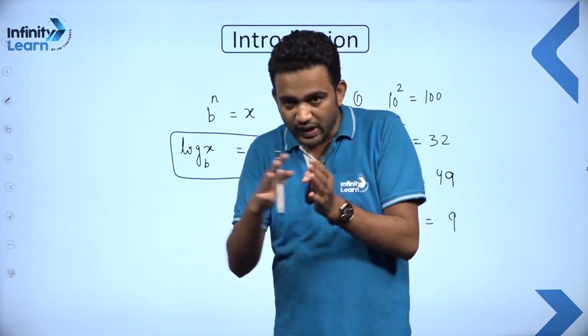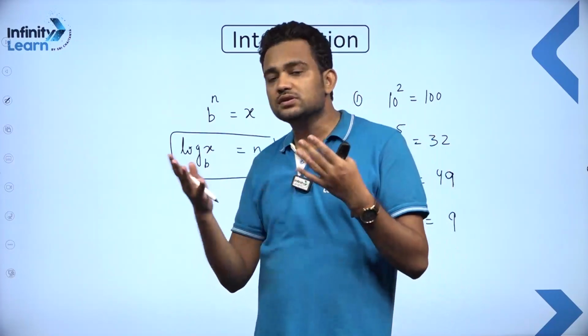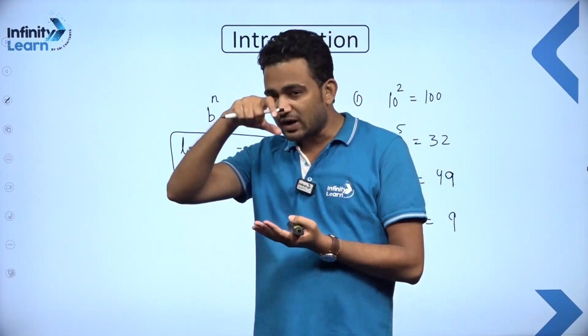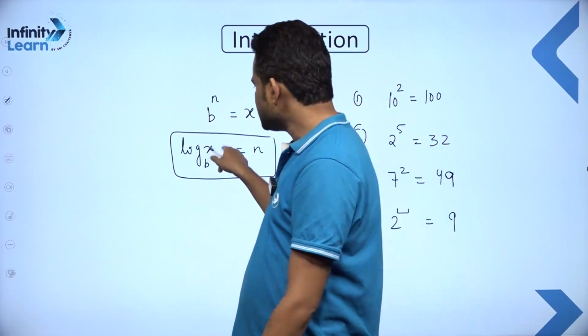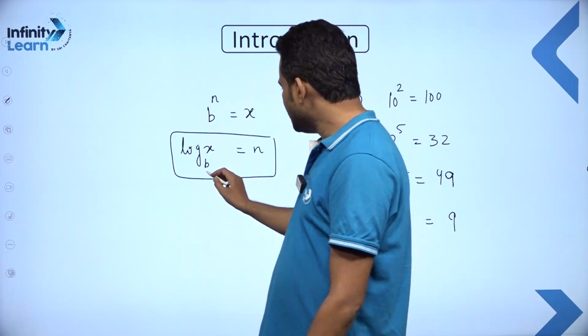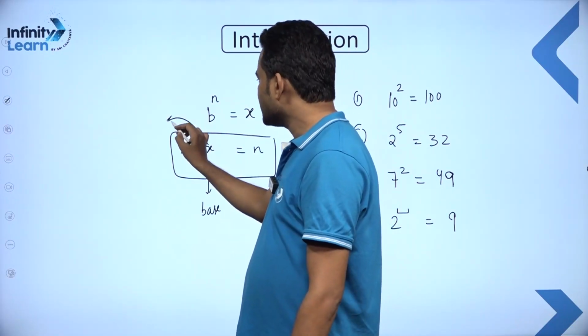It means, what does log give us? Log returns the exponent, means how many times a base should be multiplied to get a number. This is a log. Then this b is called the base and this x is called the argument.